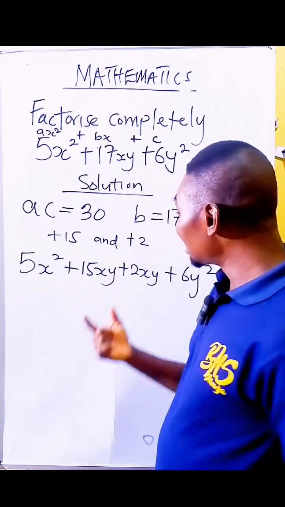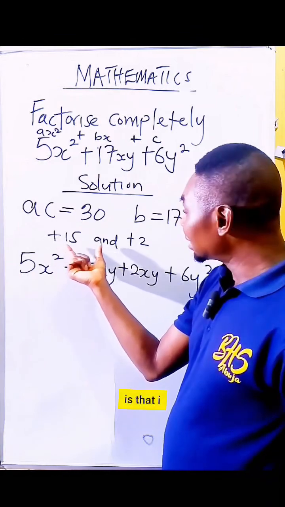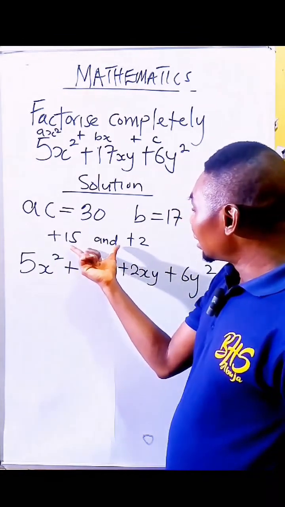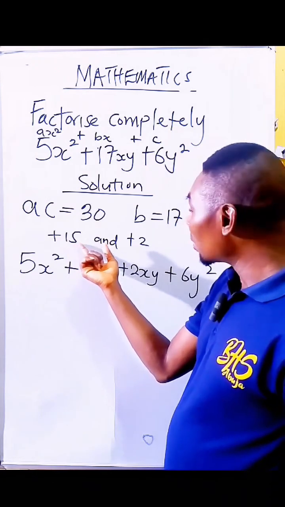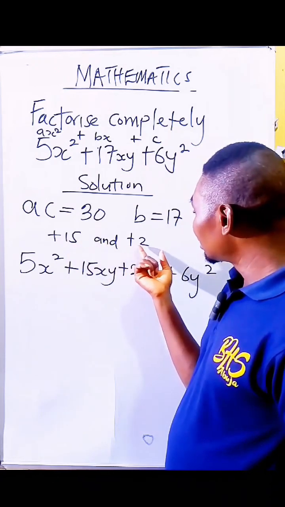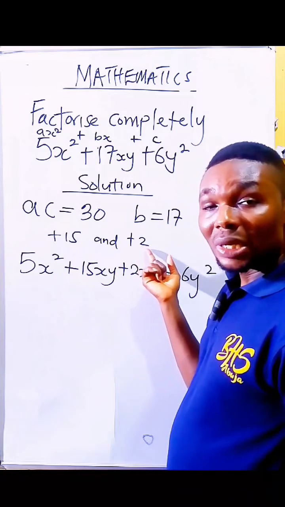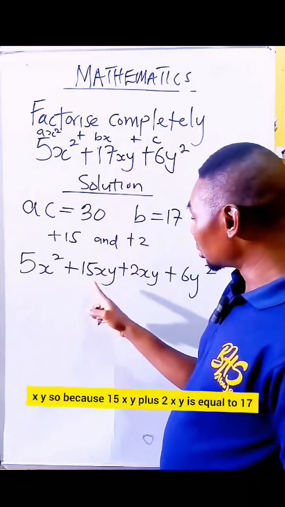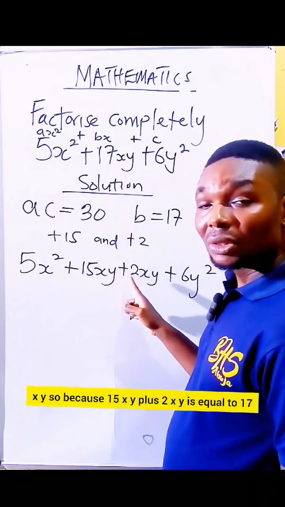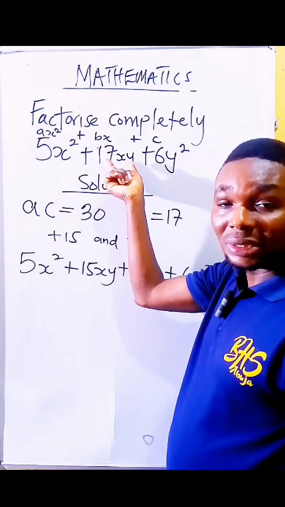What I just did is that I inserted plus 15xy plus 2xy to give us 17xy, because 15xy plus 2xy is equal to 17xy.